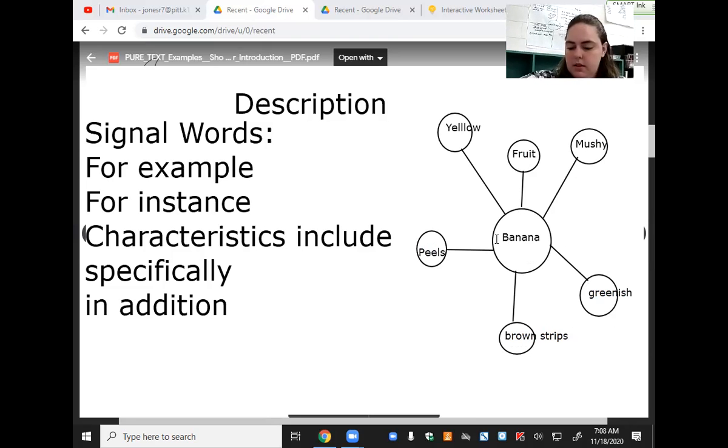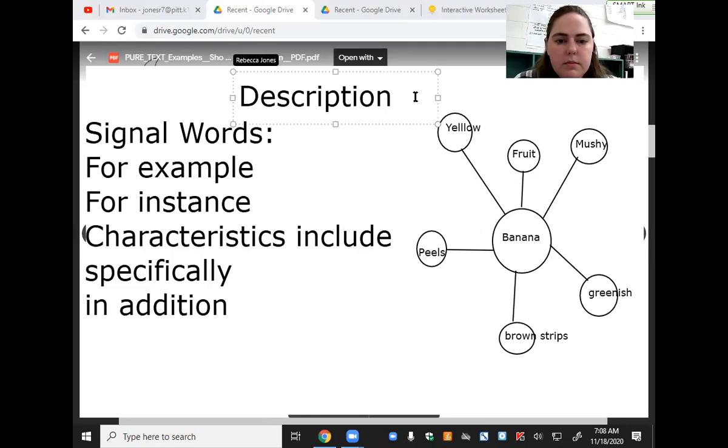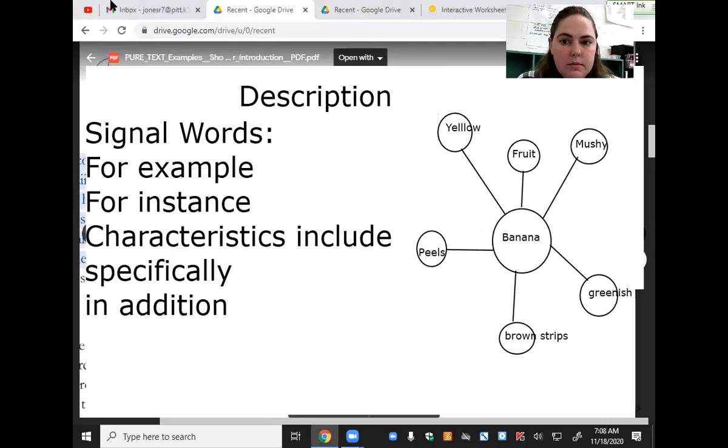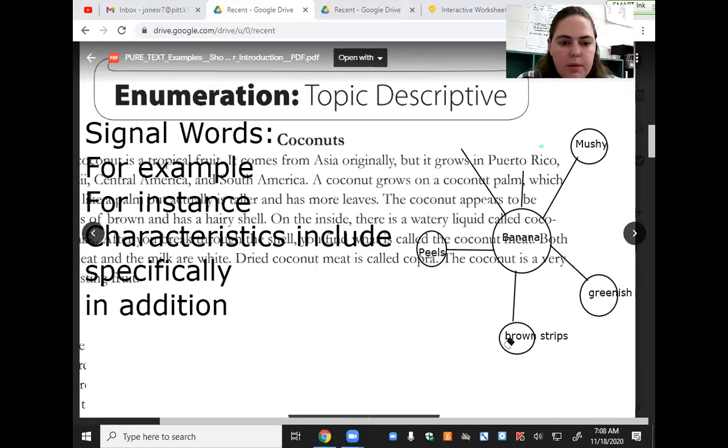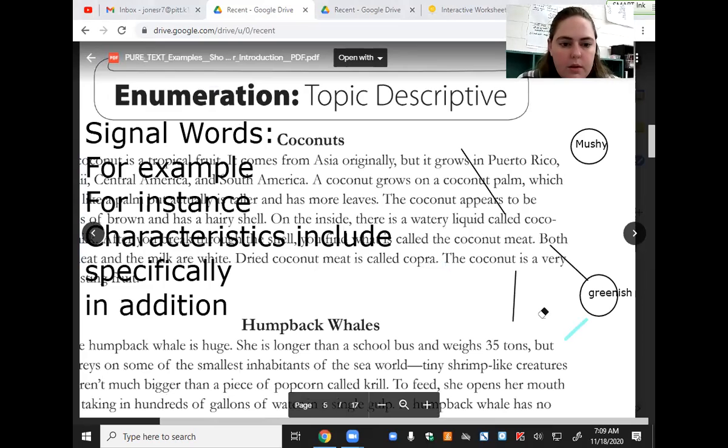Okay, so now let's look at some little passages and we'll talk about the descriptions that are used. So let me go ahead. Erase all this.